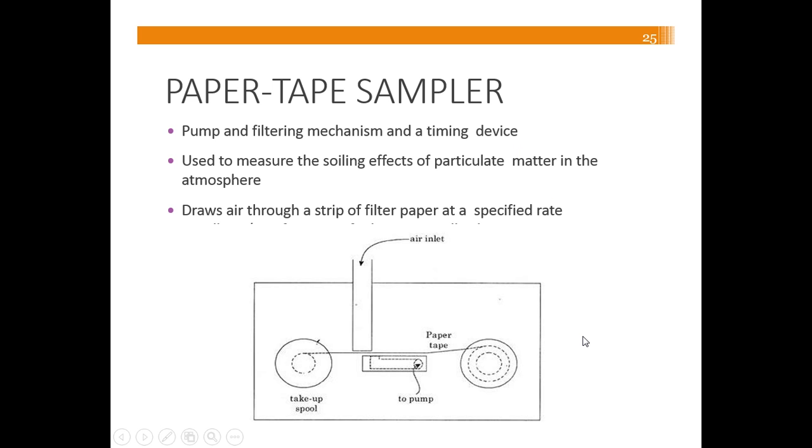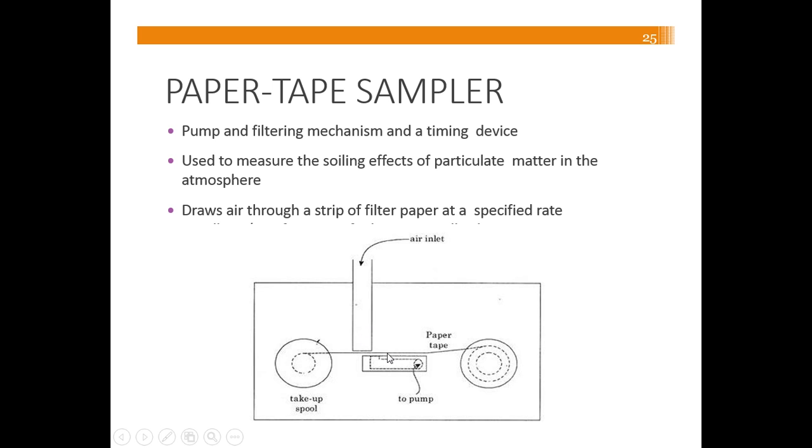So the principle by which this works, as you can see, is that it draws air through a strip of filter paper at a specific rate. So this would be our paper. This would be the roll, which is the source of our paper, and then you have a take-up spool. So the paper is going to roll in this direction and it would be taken up here in this spool. This pump is what drives the entire process, and here we see the conduit through which the air comes in.